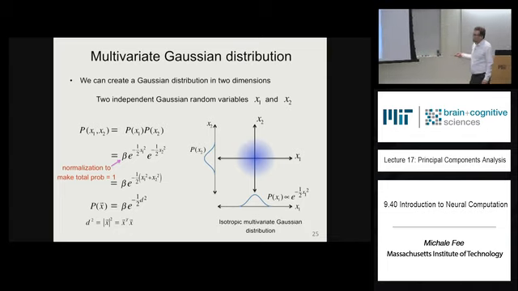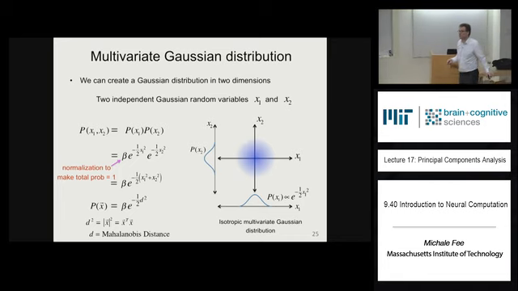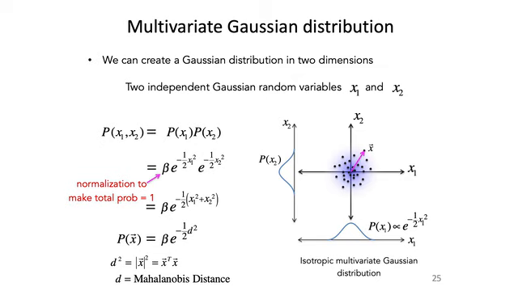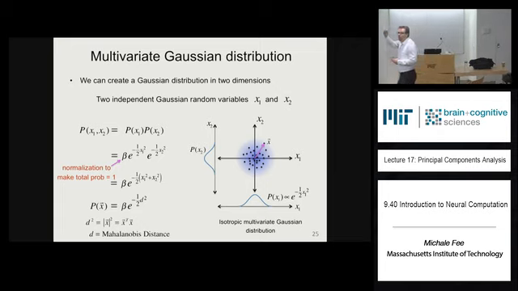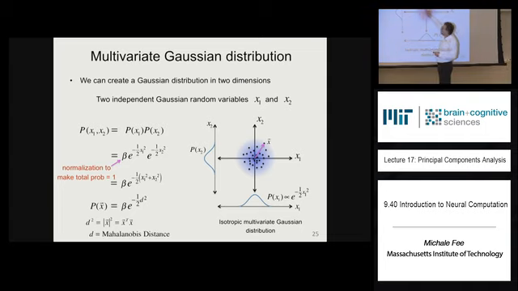So this distribution that we just built is called an isotropic multivariate Gaussian distribution, and that distance d is called the Mahalanobis distance, which I'm going to say as little as possible. That distribution now describes the probability of finding these different points drawn from that distribution as a function of their position in the space.